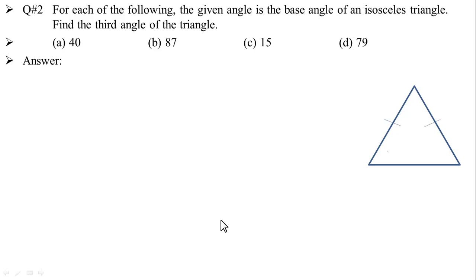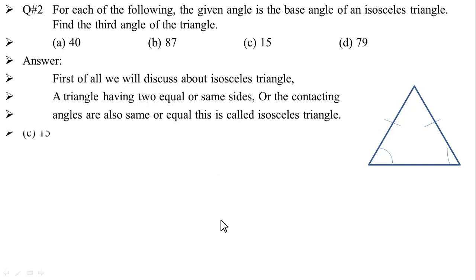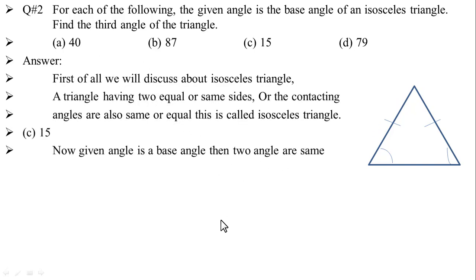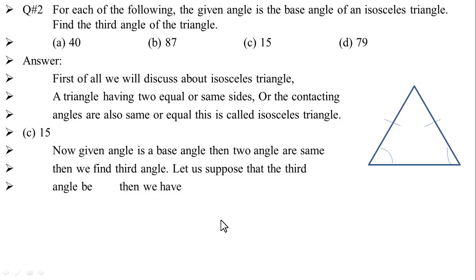Here we draw the same triangle having two equal sides and two equal angles. Now the given angle is a base angle, so two angles are the same. Then we can find the third angle. We can write that angle x degree is the third angle.